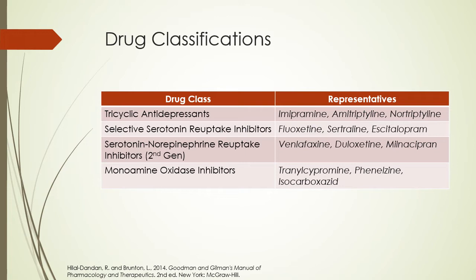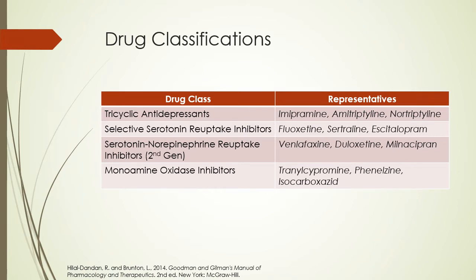And so if the goal of treatment would be to attempt to eradicate depression and therefore prevent its recurrence, SNRIs can be a drug of choice. Examples of SNRIs are venlafaxine, duloxetine, and milnacipran. Monoamine oxidase inhibitors include tranylcypromine, phenelzine, and isocarboxazine.